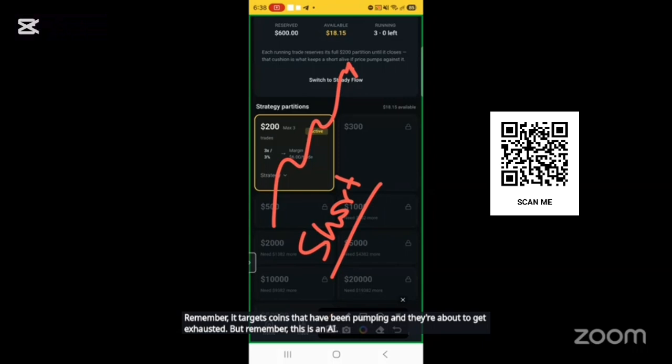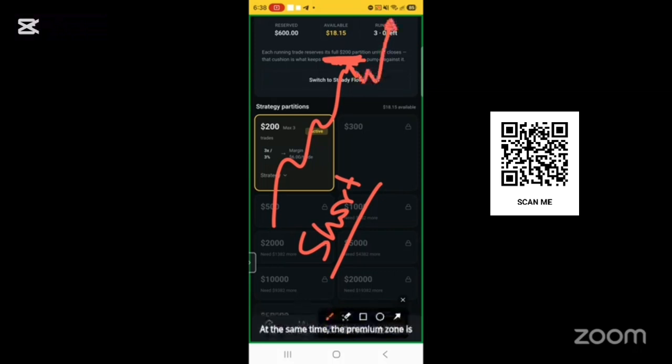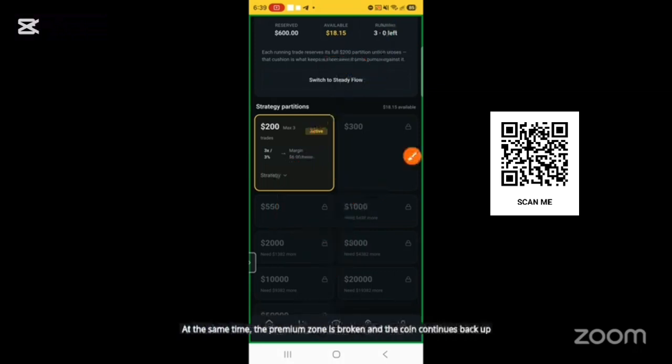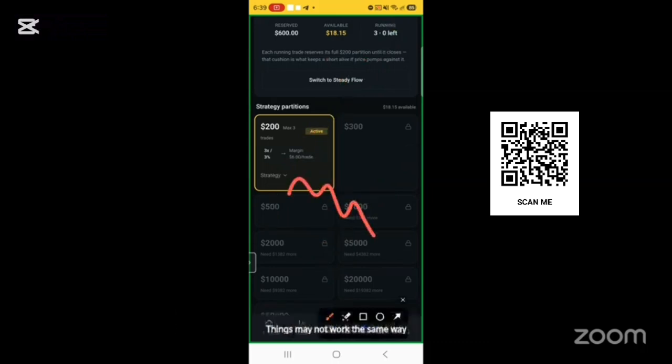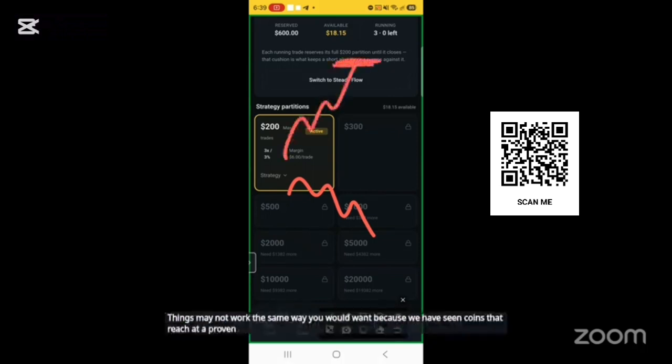It may see that the coin is getting exhausted, maybe it has reached its premium zone and may form a retracement. But at the same time, the premium zone is broken and the coin continues back up. You should understand that when you try to short the market only, things may not work the way you would want. Because we've seen coins that reach a proven resistance, somehow get rejected, but at the same time break the resistance and continue.